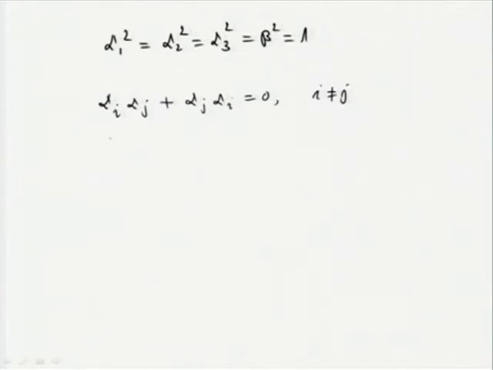And similarly, you have alpha i beta plus beta alpha i equal to 0 for all i equal to 1, 2, 3. These objects therefore are called anticommuting objects.